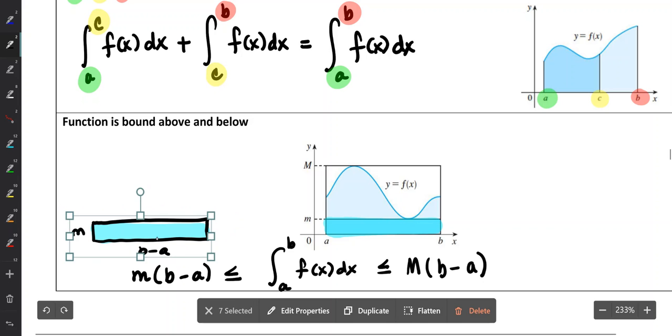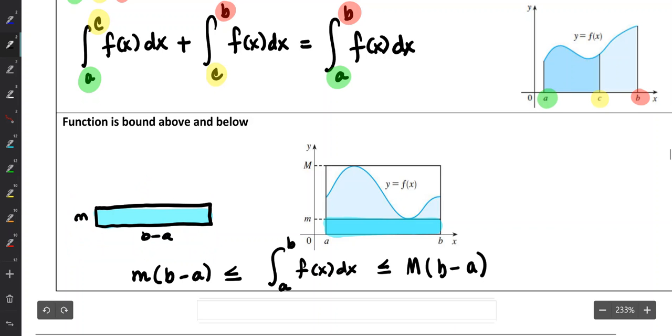Scooch that up a little. All right. The area of your big rectangle, just do that. Good enough. Is right here.